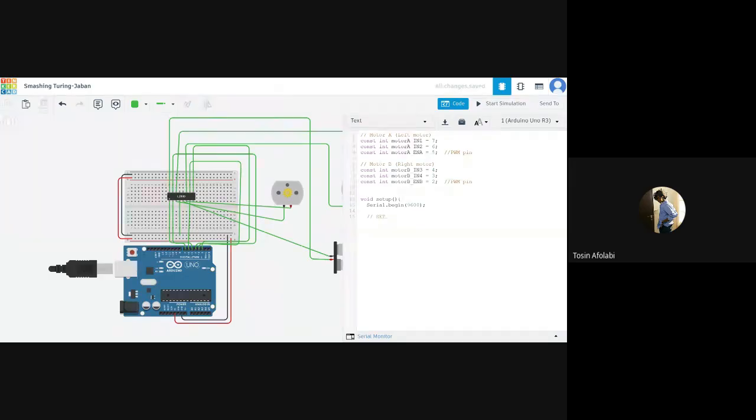So it sets the pins as output. How do you do that? pinMode, motorA underscore input 1, set it to output, and parentheses.